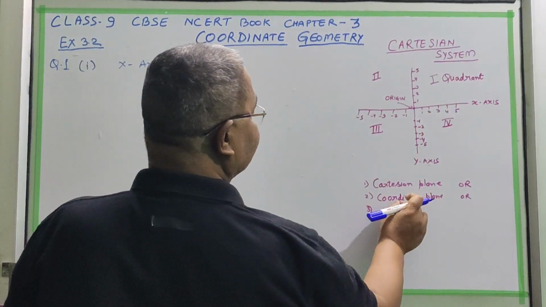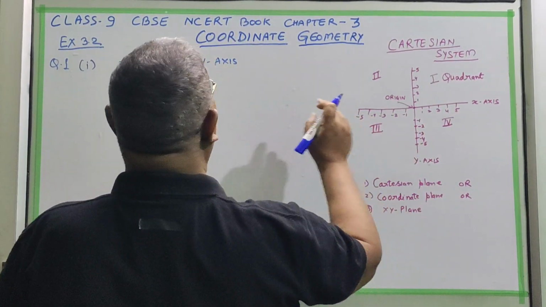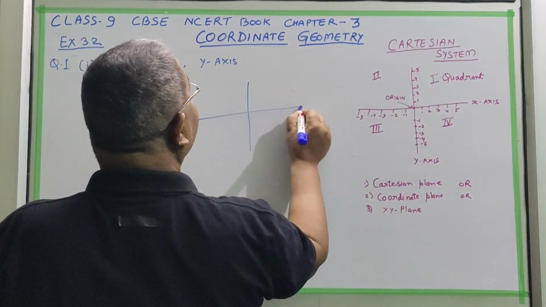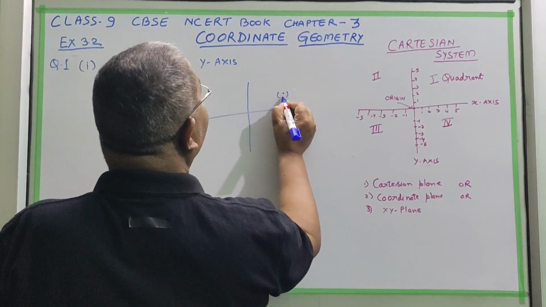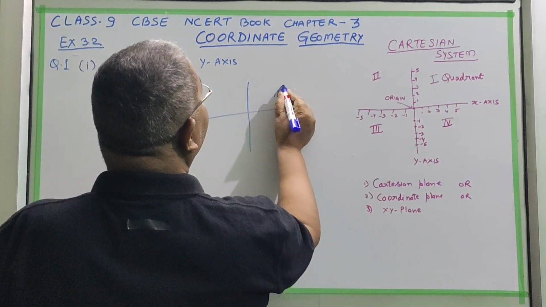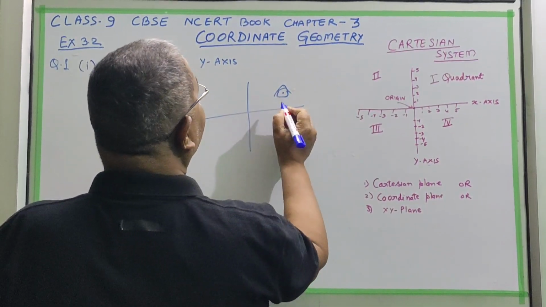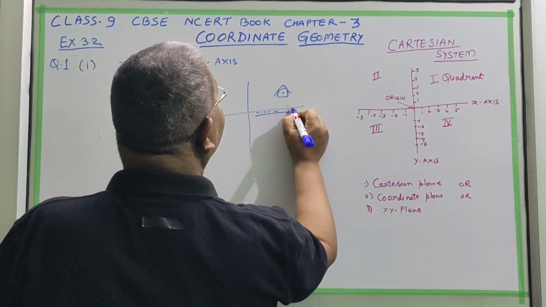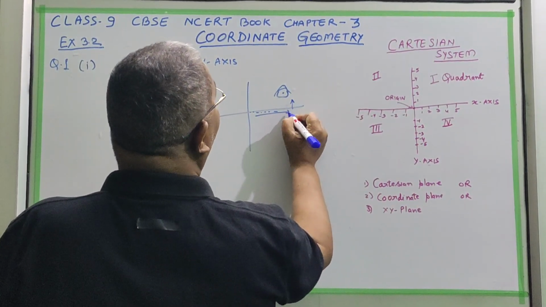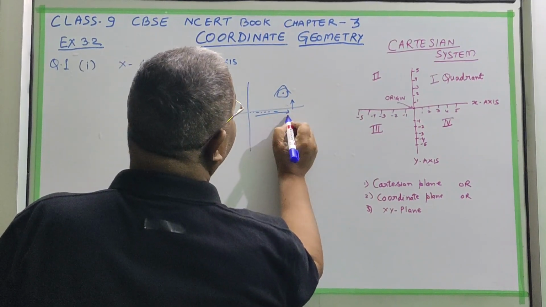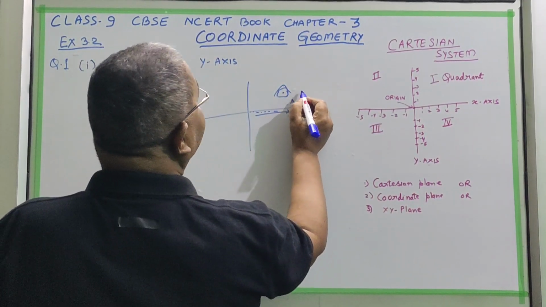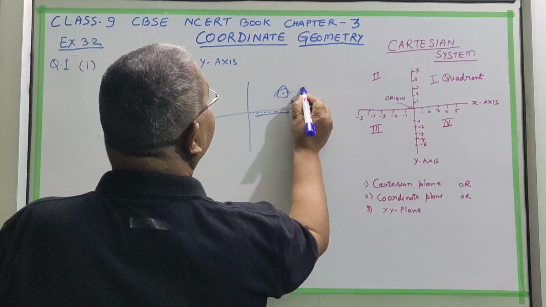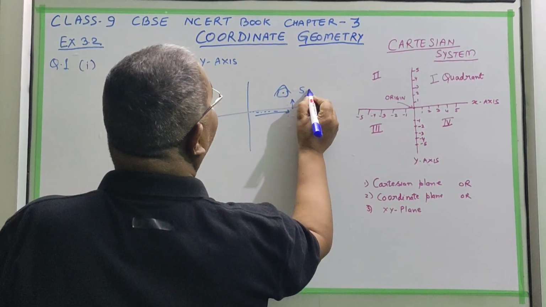It is also known as the coordinate plane, because any point you want to describe, you have to describe with the help of this number line this way and this number line that way. So 2 numbers will be there, one for this number line and one for the upper side. Suppose it is 5 and then upper side 2.